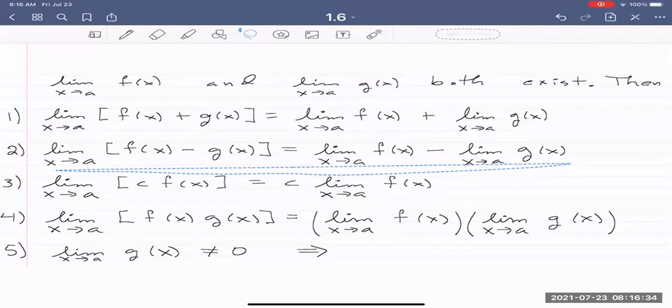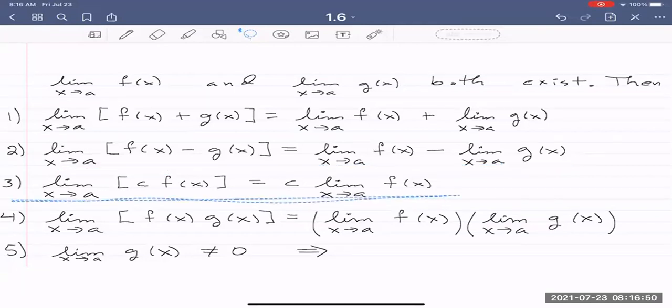The limit as x approaches a of f of x minus g of x is equal to the limit as x approaches a of f of x minus the limit as x approaches a of g of x.